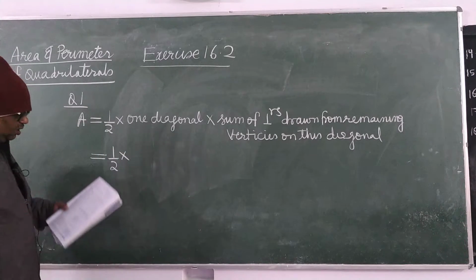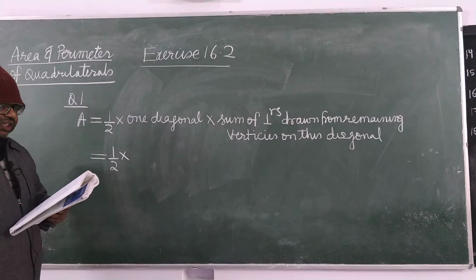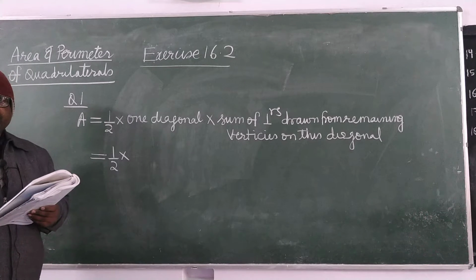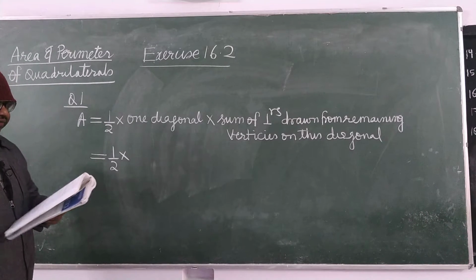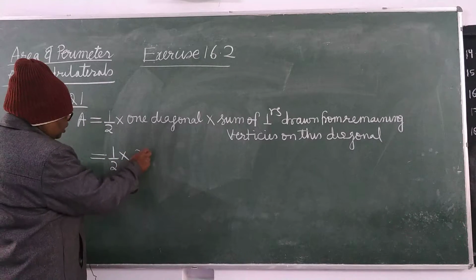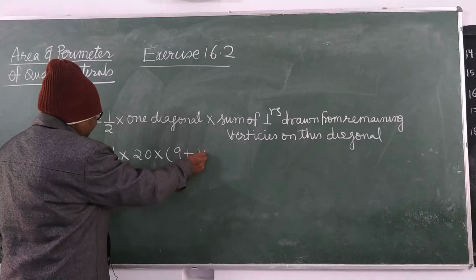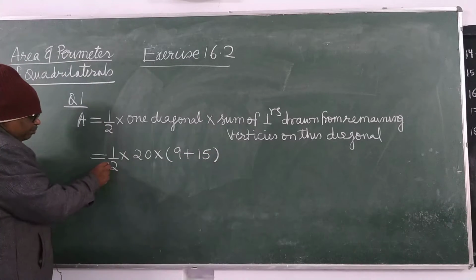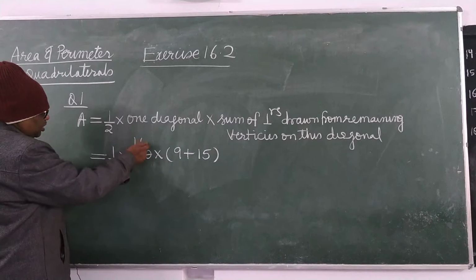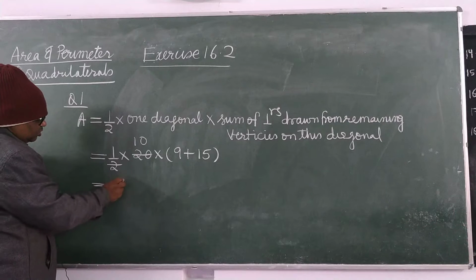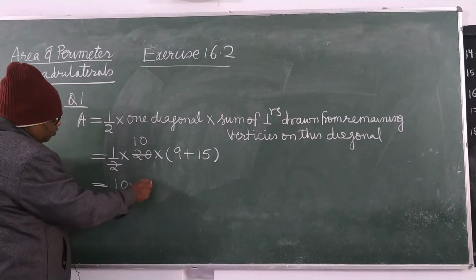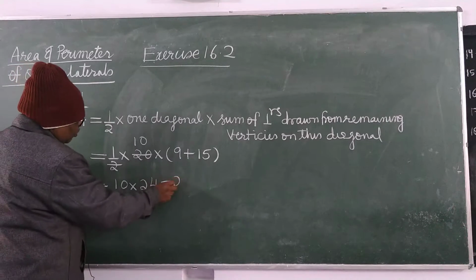It is given, you can see 20 centimeter long and length of perpendiculars are given 9 and 15. So this is 1 upon 2 into 20 multiplied by 9 plus 15. So when you will simplify, this is equals to 10 into 24, that is 240.